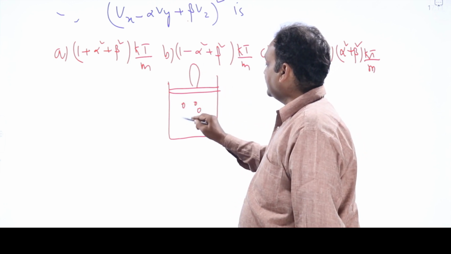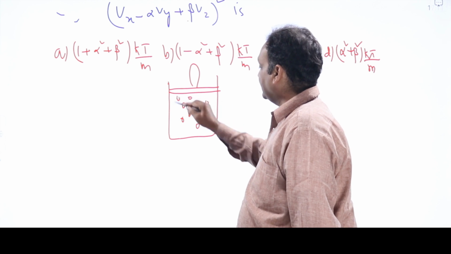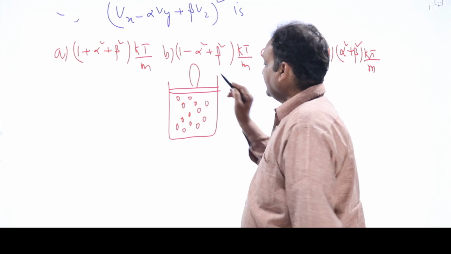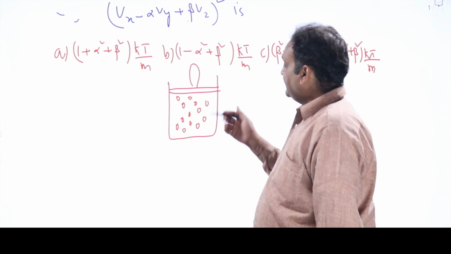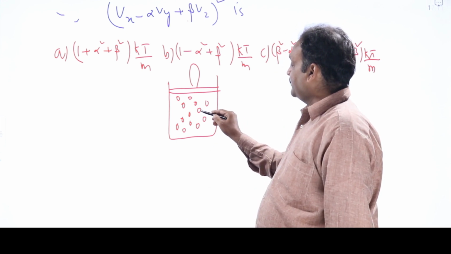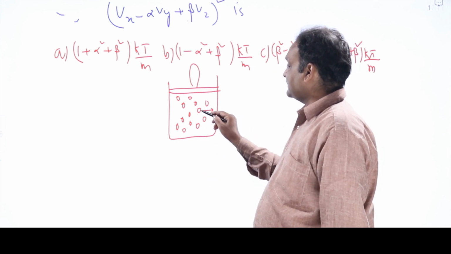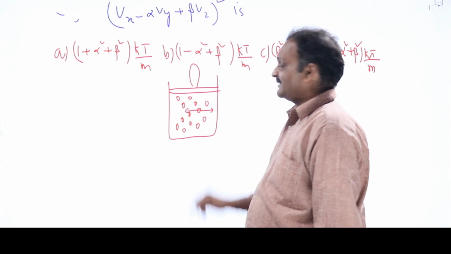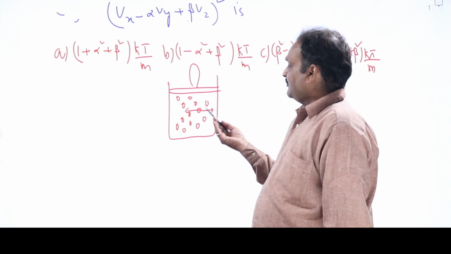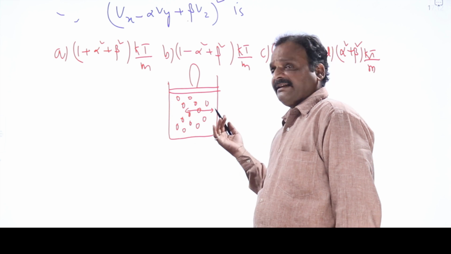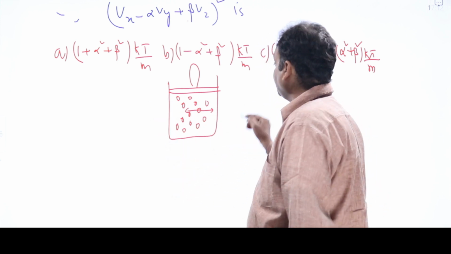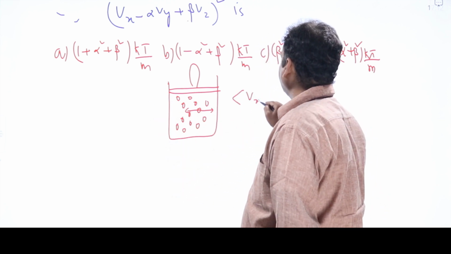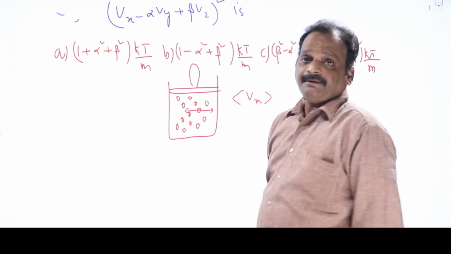At any instant, the probability of finding a molecule going towards the positive x-axis is the same as that going towards the negative x-axis. Half of the time it will be moving towards left, half of the time towards right. So the expectation value or average value of the x component of velocity will be equal to 0.